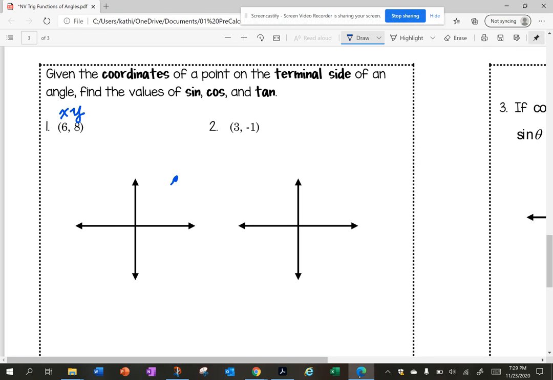So I draw my triangle in. My right angle is always perpendicular to the x-axis, and my reference angle is always by the origin. I start labeling: x is horizontal, y is vertical, and the radius is here. This is my point, (6, 8). So x is 6 and y is 8.